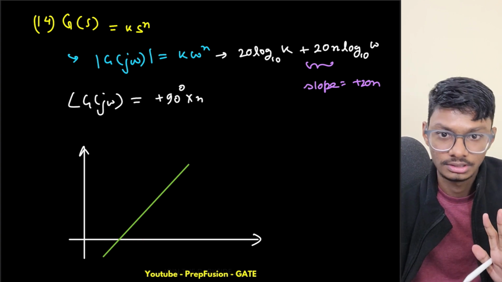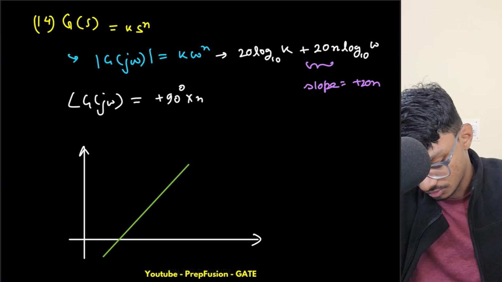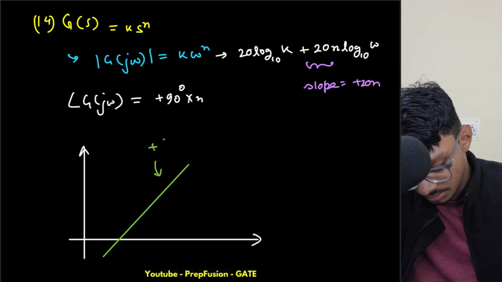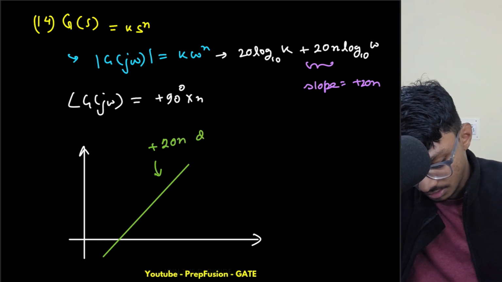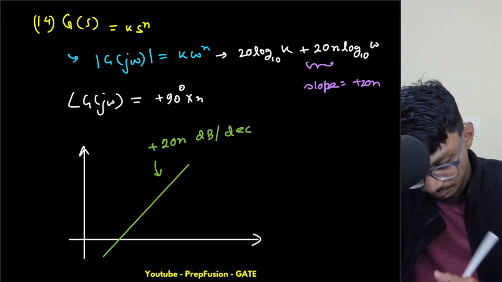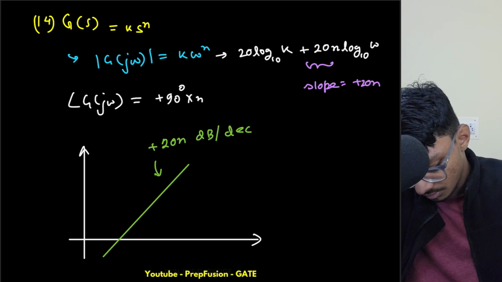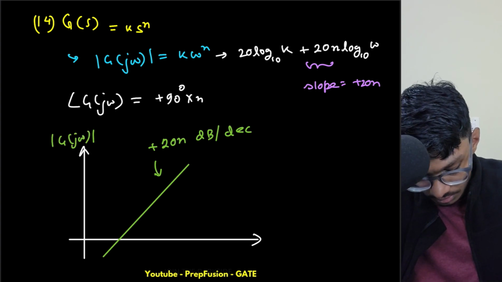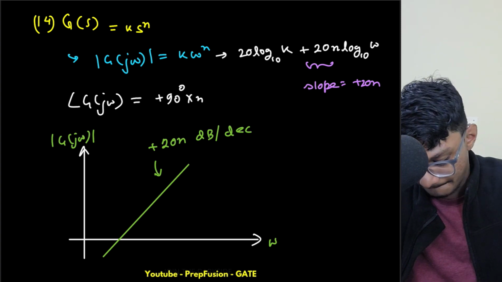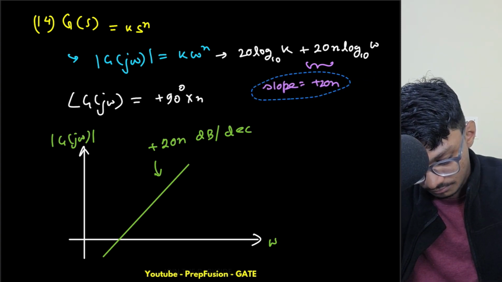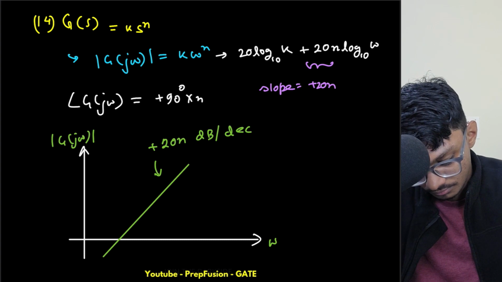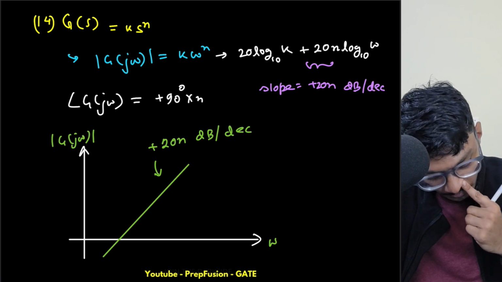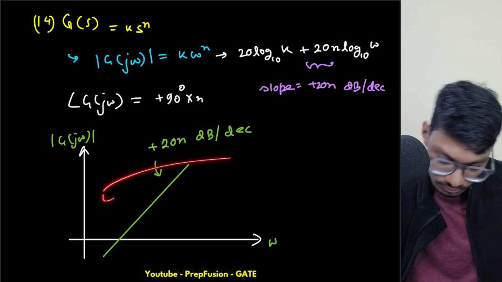It may so happen that this is not 0 dB. That is one thing I want to mention. The slope here is plus 20 times n dB per decade. This is magnitude of G(j omega), and this is omega.